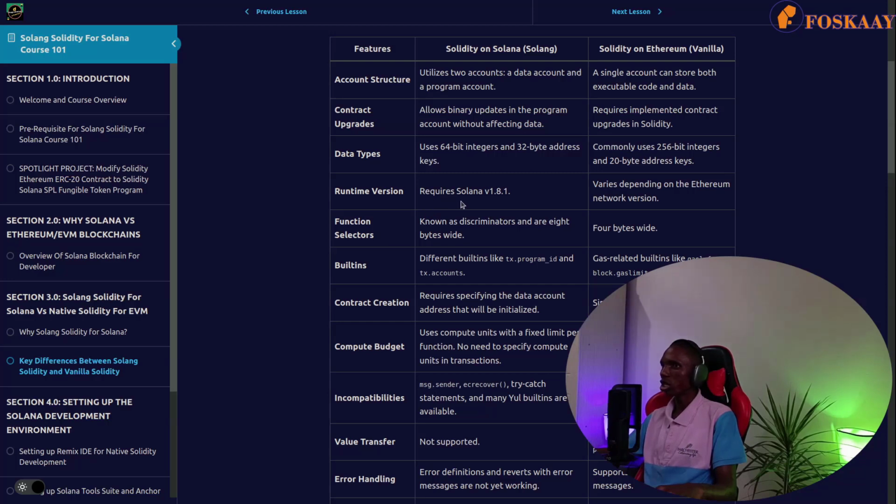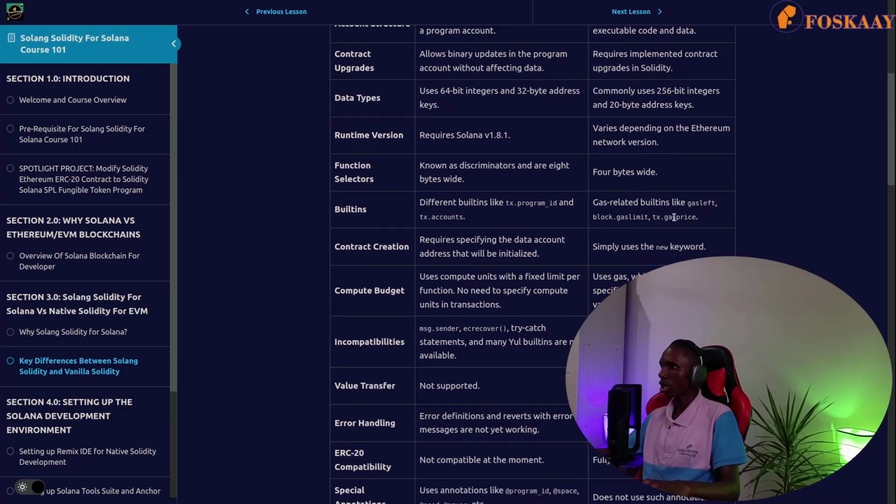Anyway, then we are on the built-ins. There are different built-ins like program ID, which is the transaction used to locate the program ID, or accounts involved. Remember, this deals with accounts, but these are built-ins like gas left, gas limit, gas price and things like that, which are not natively working with Solana.